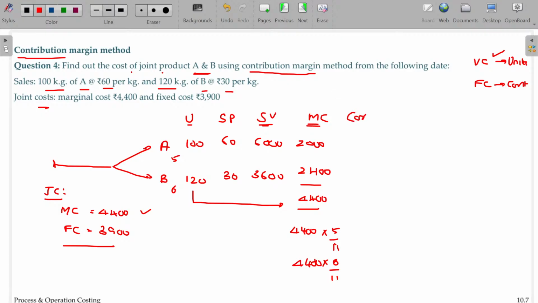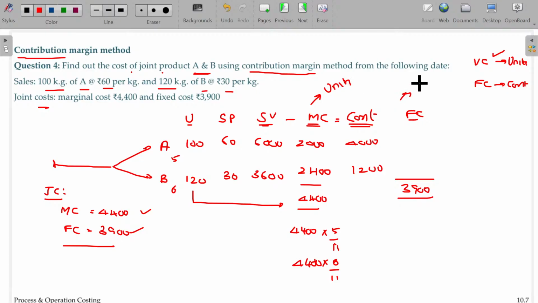Now the fixed cost should be segregated using contribution. First you have to calculate the contribution. Sales minus marginal cost will be the contribution. So 6,000 minus 2,000 is 4,000, and 3,600 minus 2,400 is 1,200. Fixed cost 3,900 should be allocated using contribution, whereas marginal cost was allocated using the units.